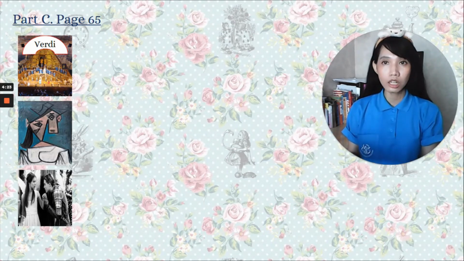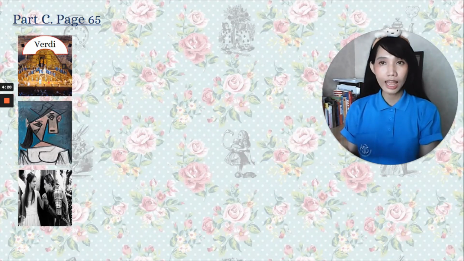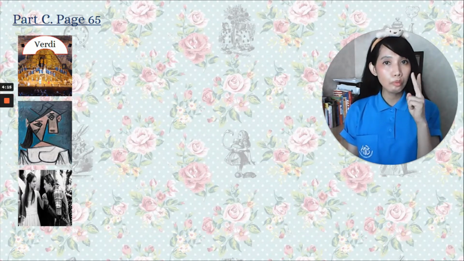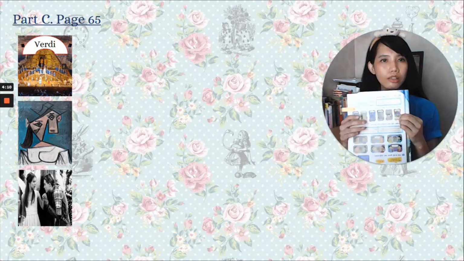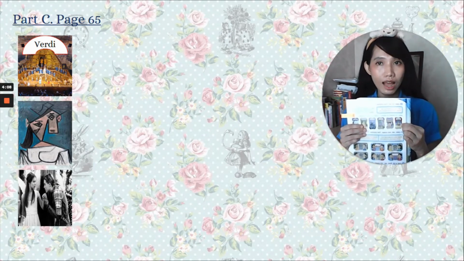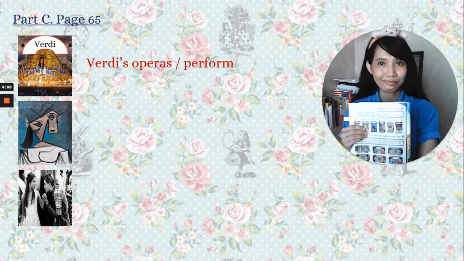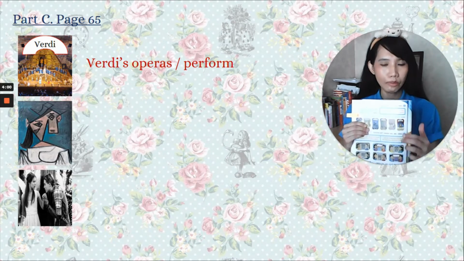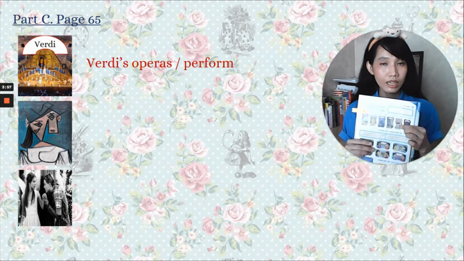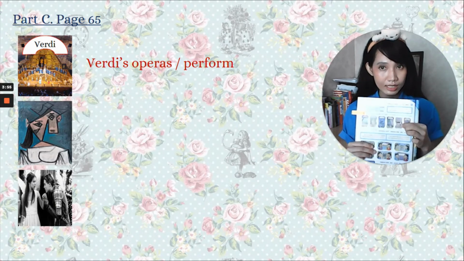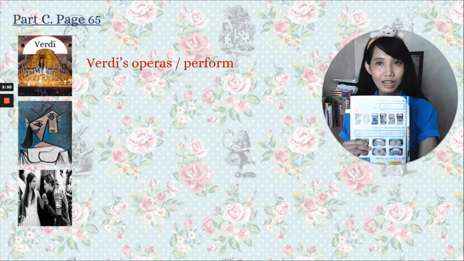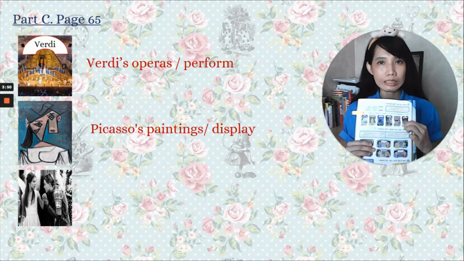The first one, I want you guys to tell me what is the vocab for number 1 and what is the verb? Don't forget we only use 2 verbs, perform and display. Number 1, the vocab is body opera and the verb is perform. Yes. And number 2, the vocab is Picasso painting and the verb is display.